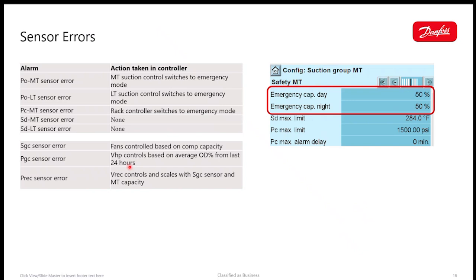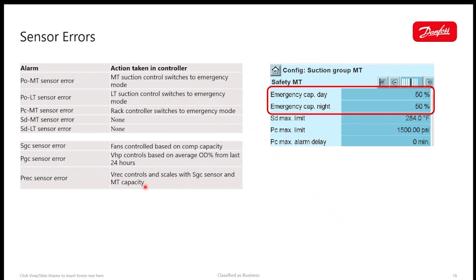And then lastly, on our receiver transducer, PREC, here we'll scale this as well. So this is a calculation internally. It's looking at both the SGC sensor, the gas cooler outlet temp sensor, and your medium temp compressor capacity. And it's running an internal calculation there that's deciding where the best position is for the receiver bypass valve.